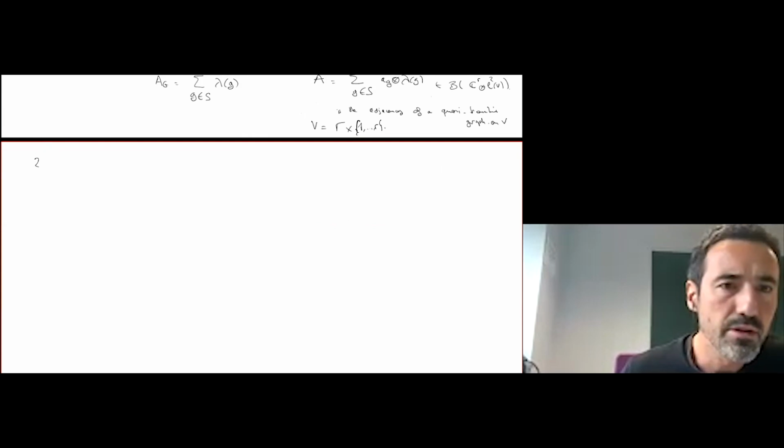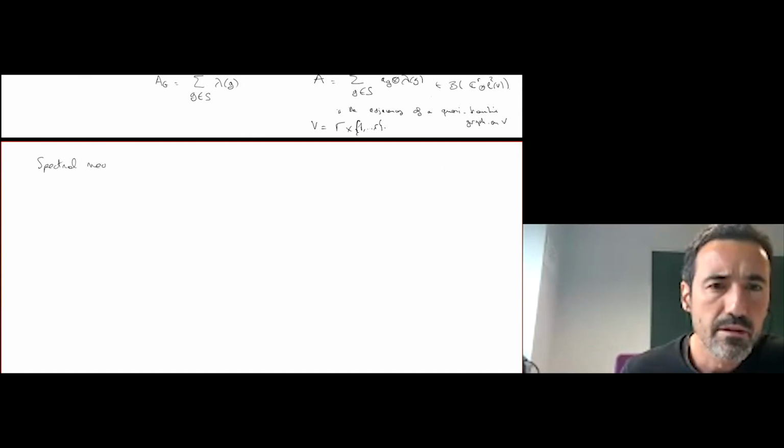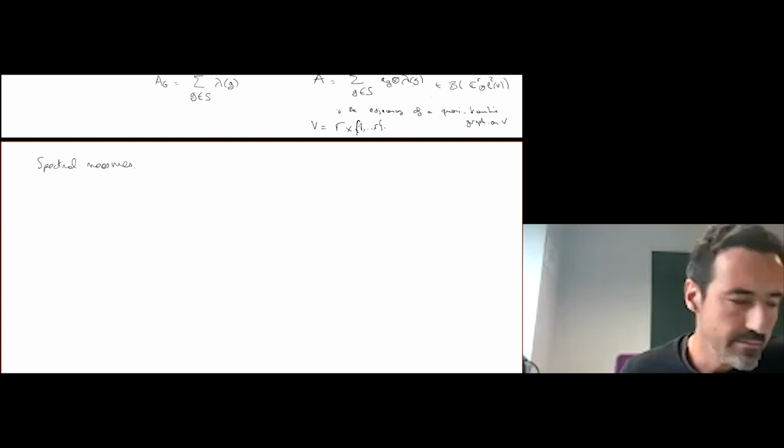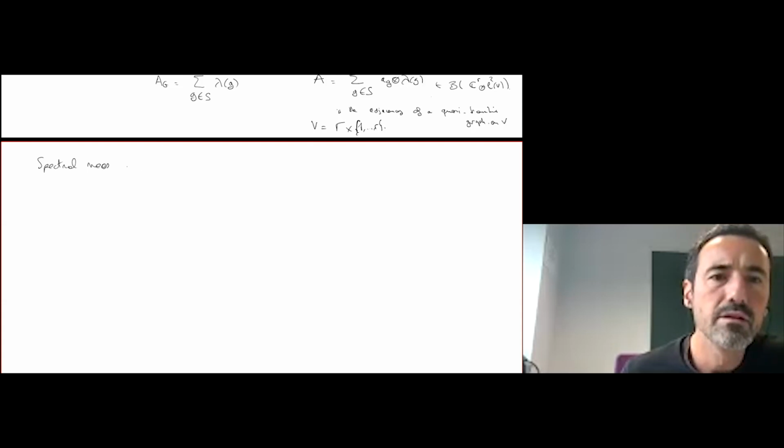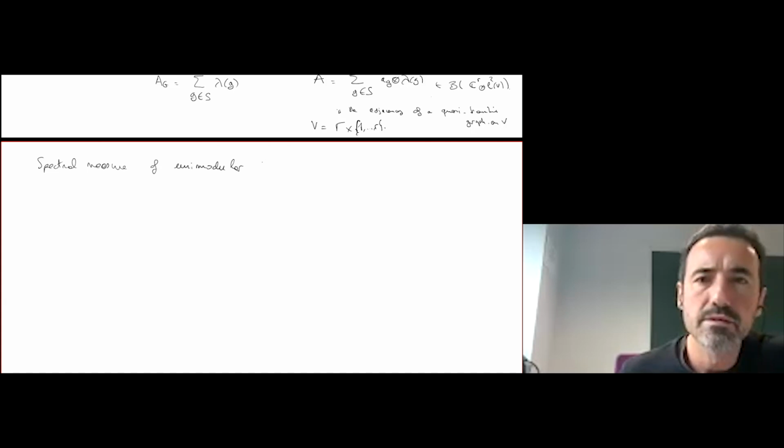So the goal now is to define a spectral measure of unimodular graphs.